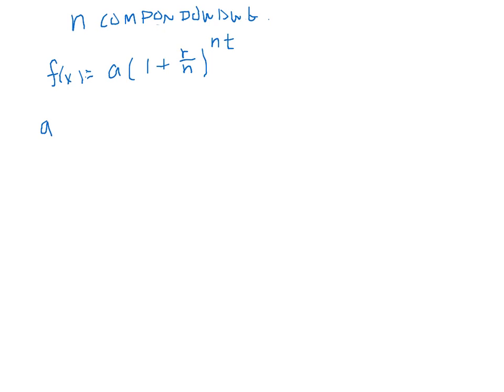So let's suppose we had a is equal to 1,000, and we were investing it into an account that compounds annually, at a rate of, we'll say 0.2%, or better yet, let's just say 2%.